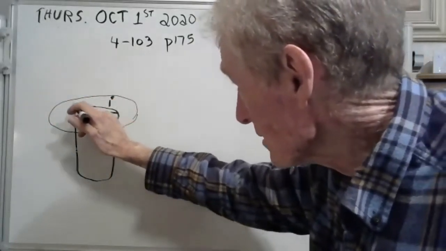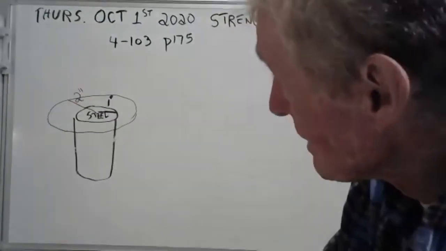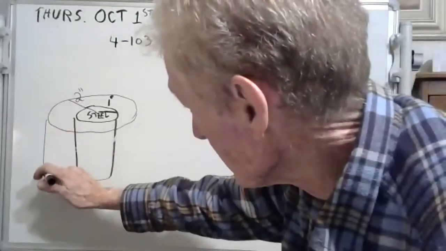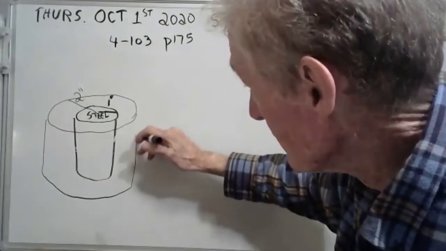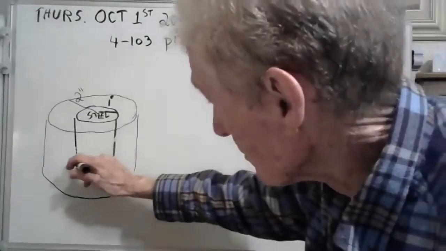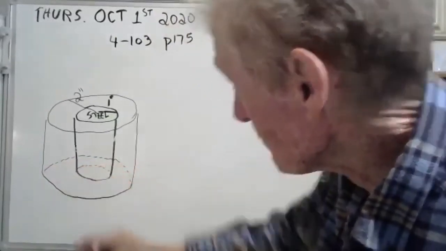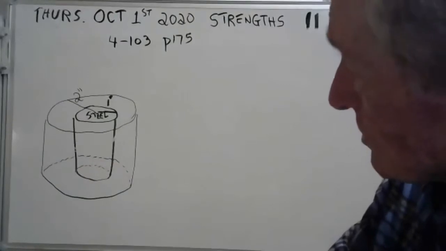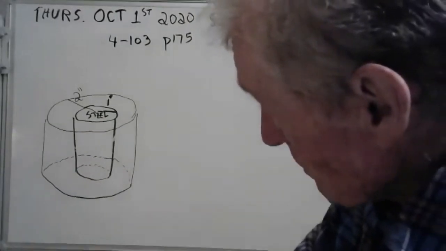See, it's got a radius of 2 inches. And it's aluminum. Artist's rendition of the situation here. So you got a steel core and an aluminum sleeve.